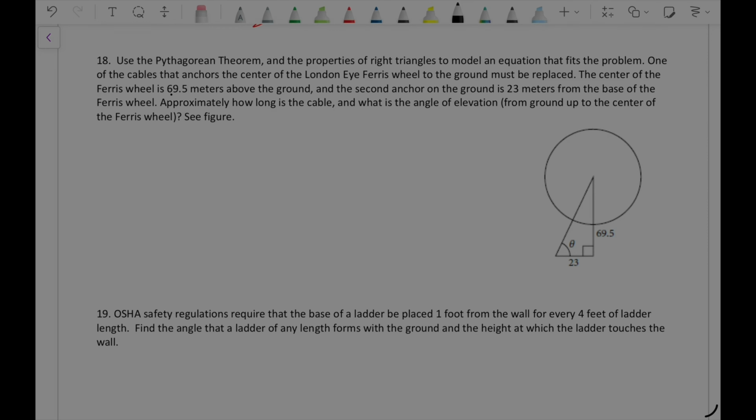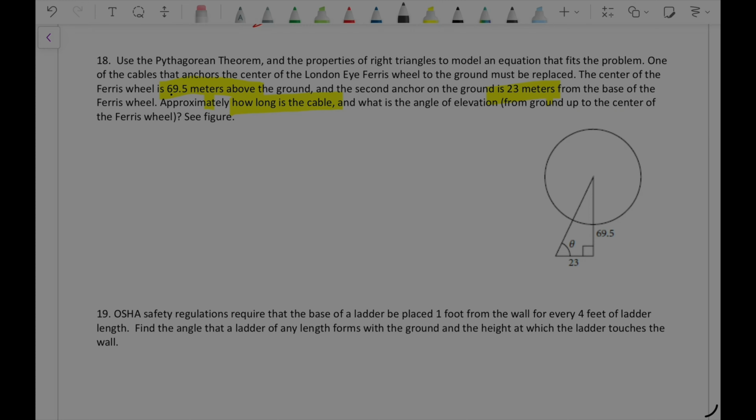The center of the Ferris wheel is 69.5 meters above the ground. The second anchor is 23 meters from the base. Approximately how long is the cable? And what is the angle of elevation from the ground to the center of the Ferris wheel?